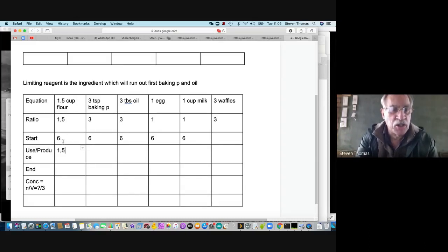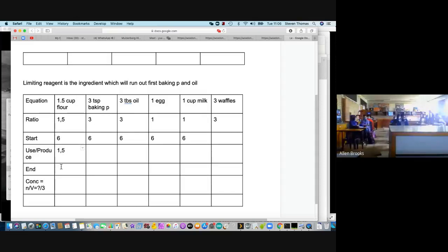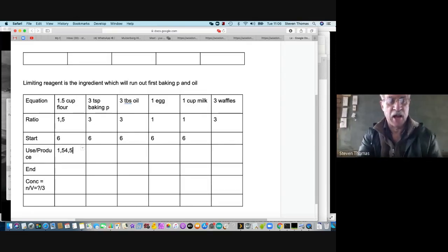And I started with 6 cups. So Ezra, ask them how much I end with. 4.5. Lovely, 4.5. I end with 4.5 cups of flour left.